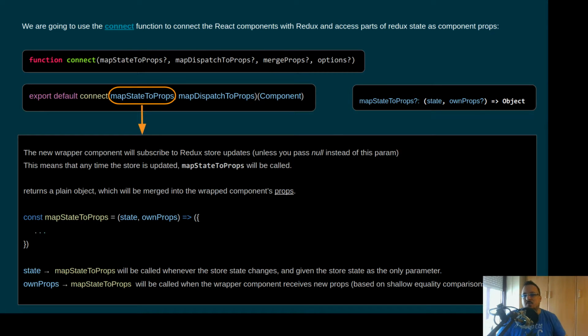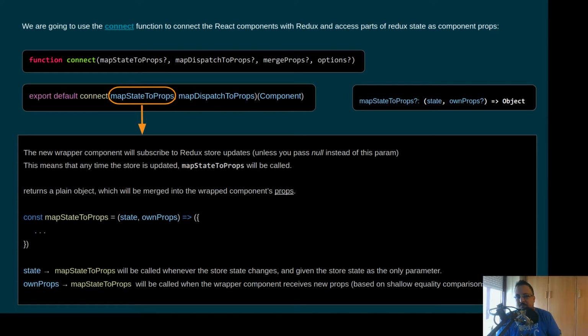But if you don't want to, you just pass null as the first parameter. You connect that component to Redux, and you will be able to access the Redux store, but you won't be reactive to the changes. But if you pass it, you will be subscribed.